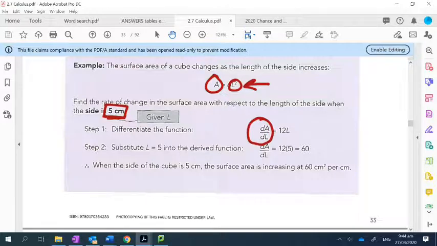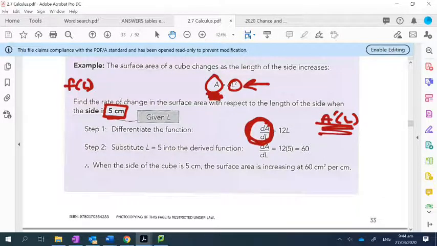Can you use the brackets? Can you go A and then bracket L? Remember we discussed that. I wouldn't. Pardon? So you use that. If it gives you just a letter like this, now, if they said f of L, that's when you'd use that notation, right? f of whatever.